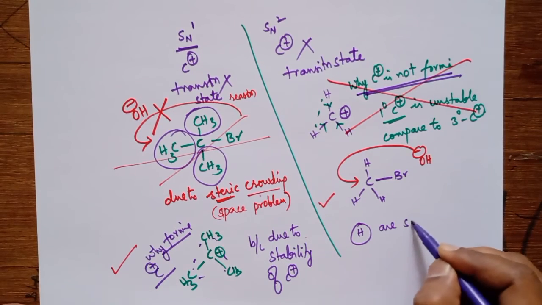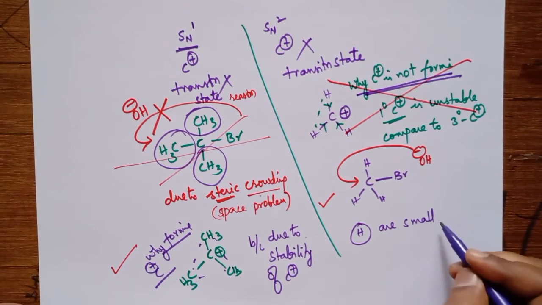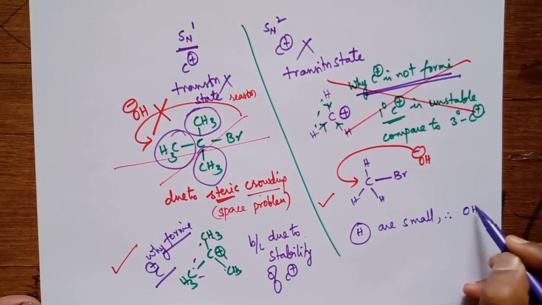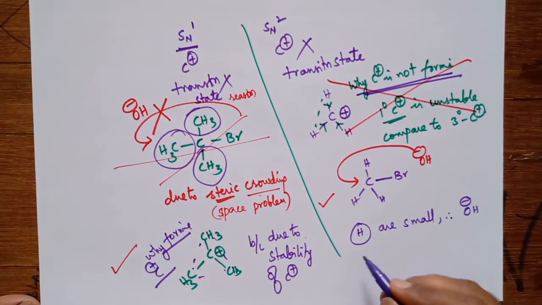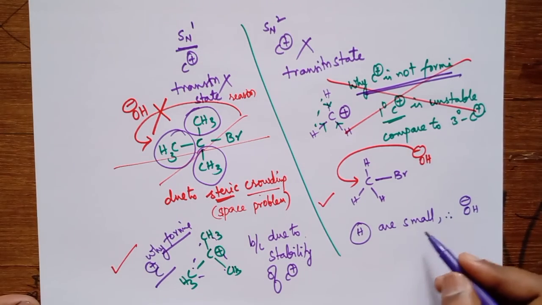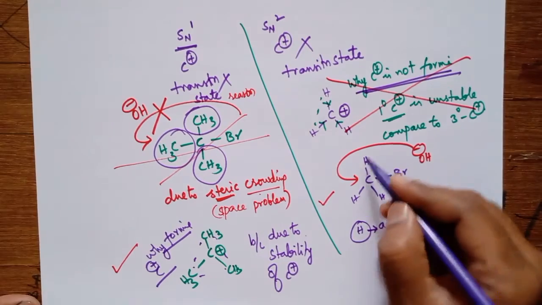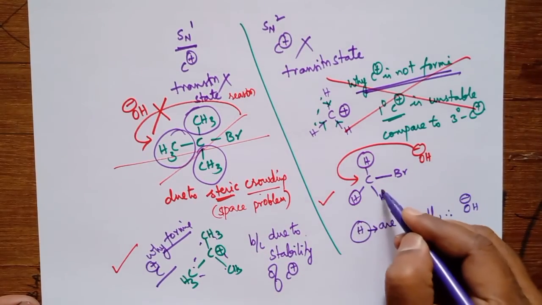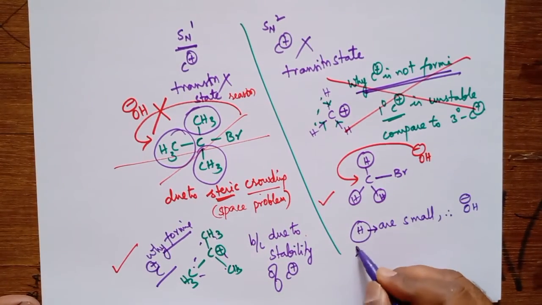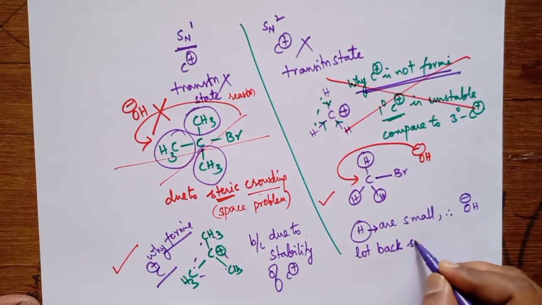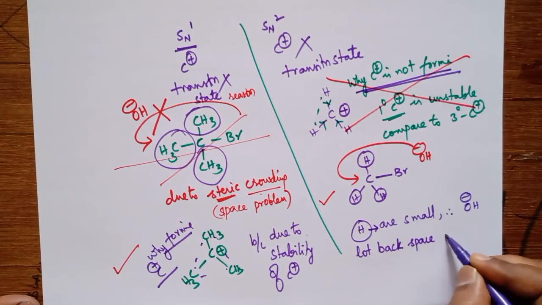Hydrogens are small. That's why OH can attack from the backside. There is a lot of space. If the atoms are small, hydrogens are small, they occupy a small space. So there is a lot of backspace available.